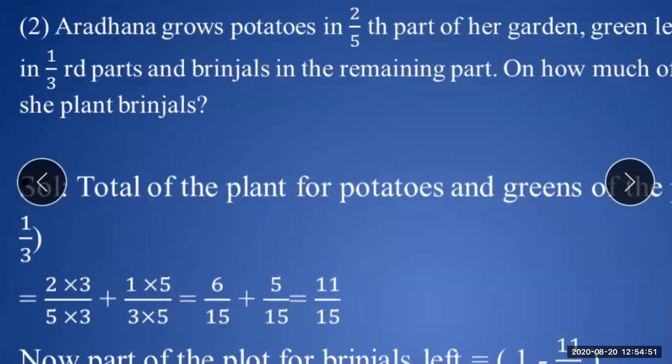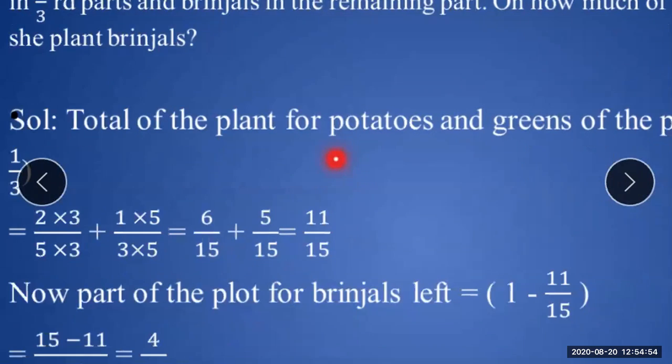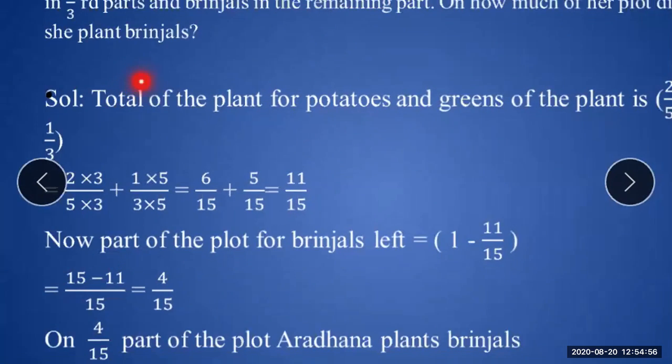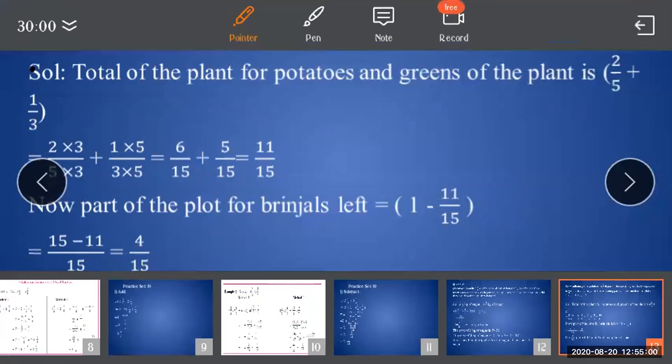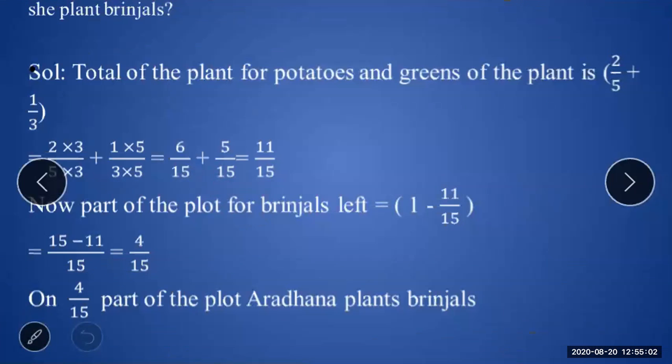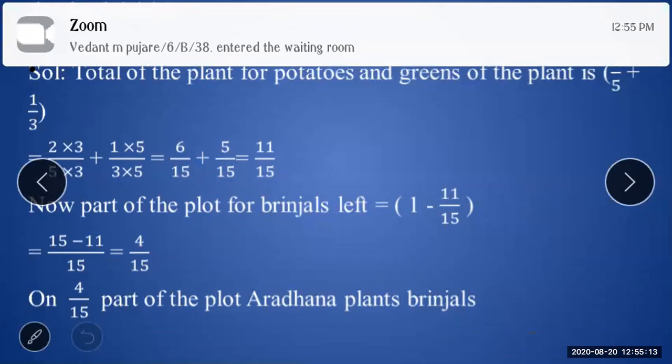Now we will start with the first part. See students, the total of the plot for potatoes and green leafy vegetable is 2 upon 5 plus 1 upon 3. The total part. Now why do we have to add this?